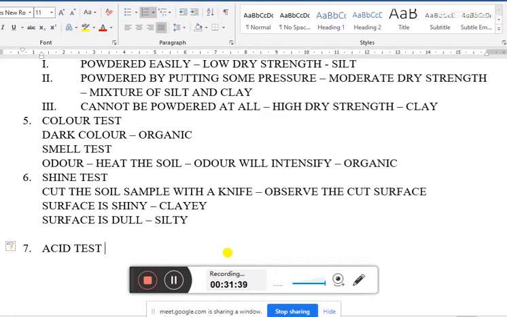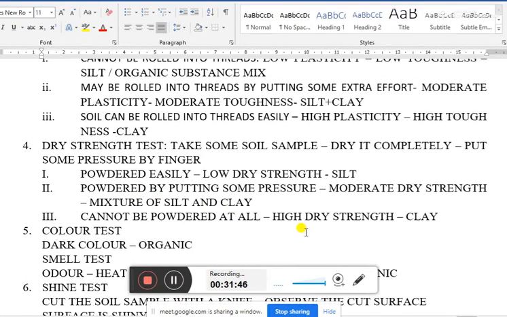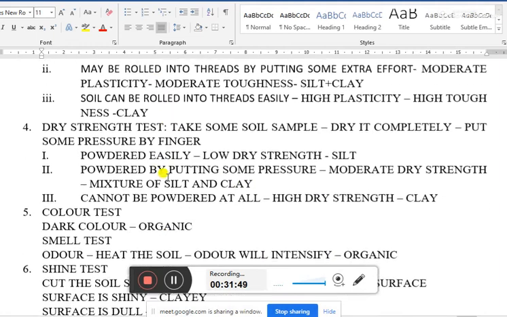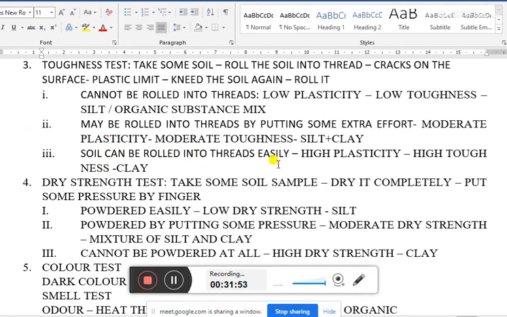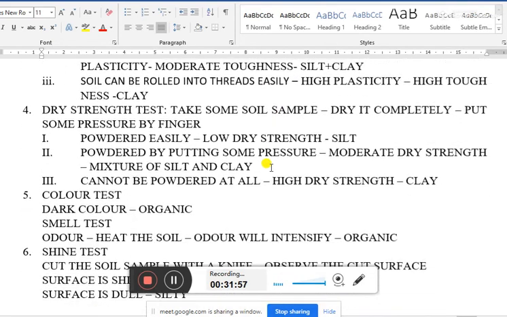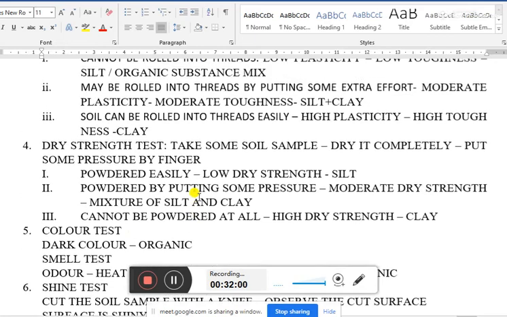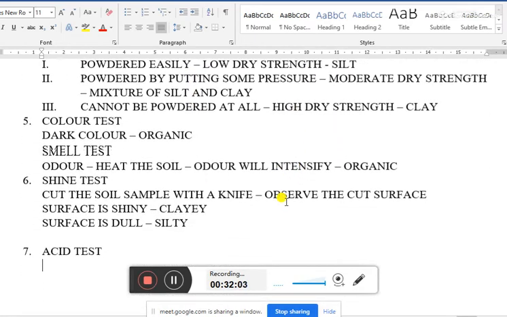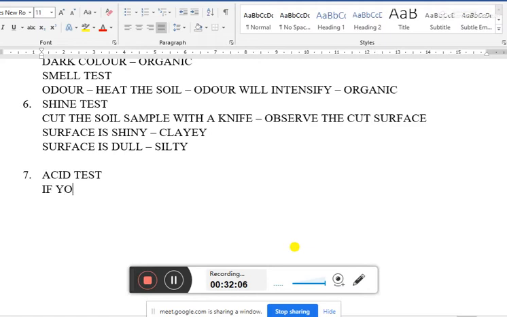But this test is important for identification of soil in the field because, with the toughness or dry strength test, if you get soil with high plasticity or high strength, that soil may be clay or cohesive soil, but it may not be, because some calcium substance may be present in the soil.